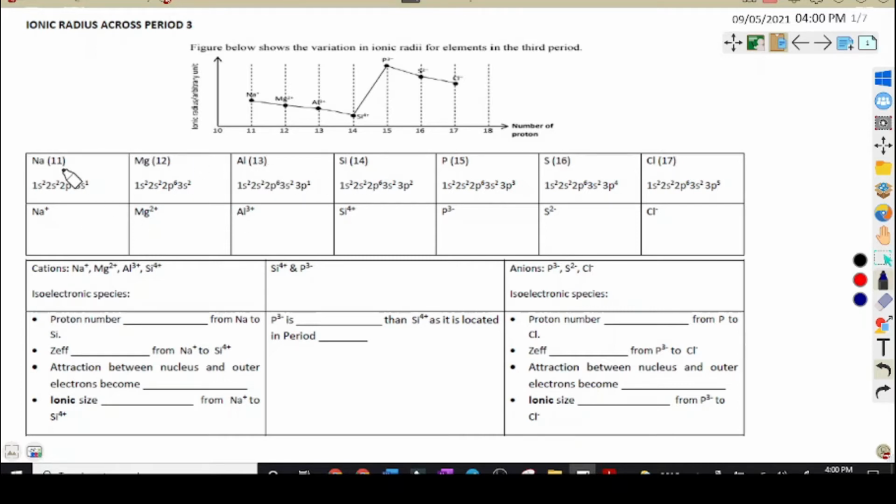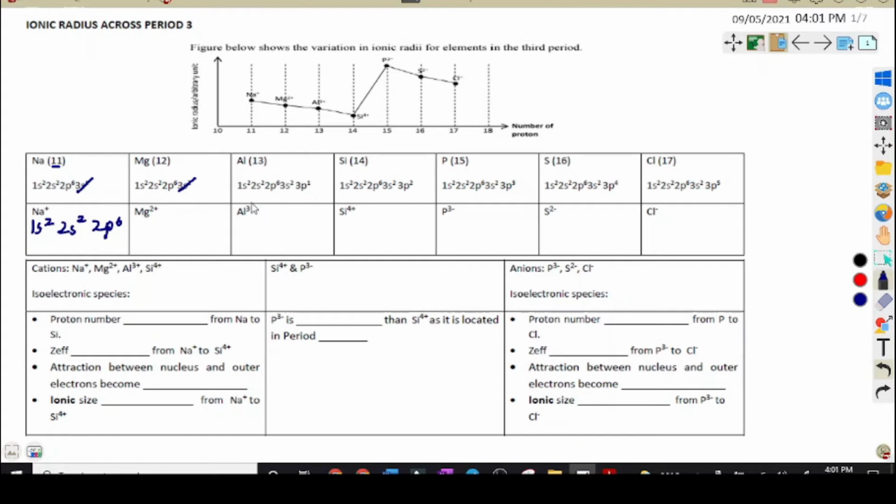So for sodium with a proton number of 11, the new electron configuration would be, okay, you just remove the 3s1, so there will be 1s2, 2s2, 2p6. For magnesium, it will form Mg2+, so we remove the 3s2.